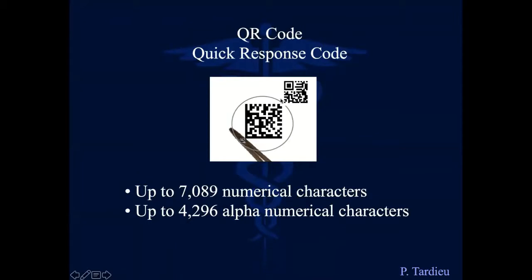You have a big one, you have a small one, and in a barcode like this, you can implement up to 7,000 numerical characters or more than 4,000 alphanumerical characters. This means that you can implement much more detail than what you can transfer on a simple QR code.